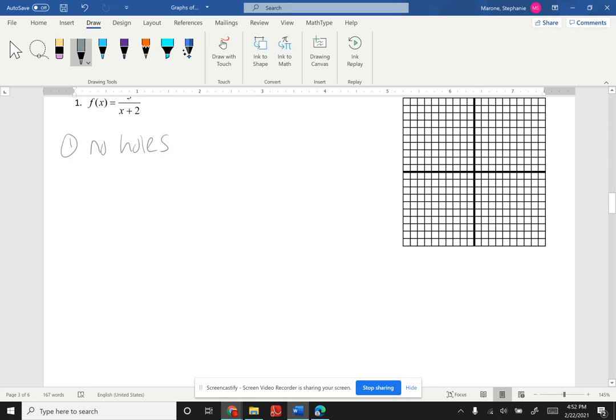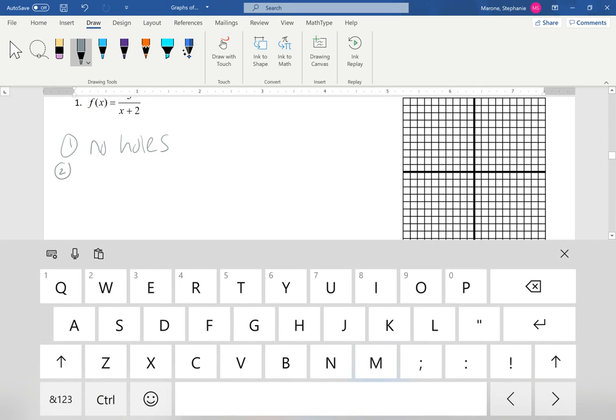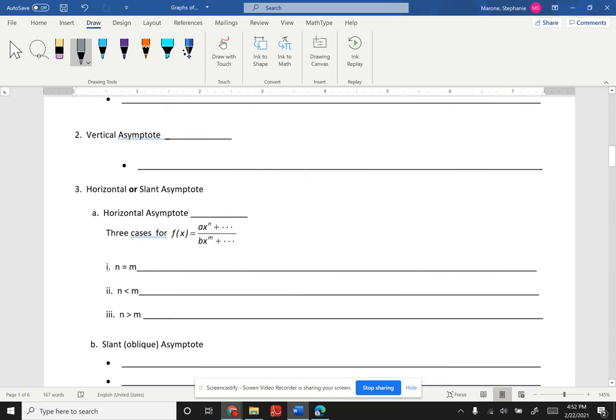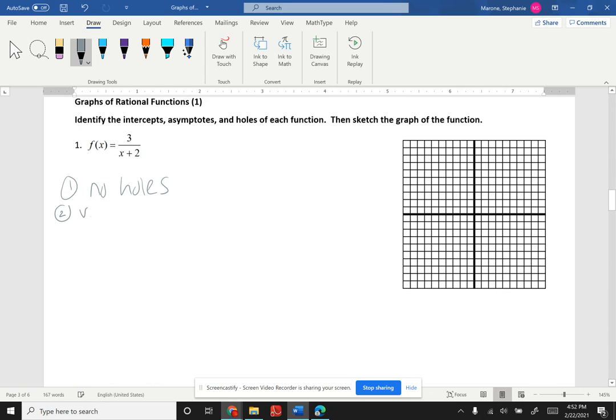So step 2 is we're going to find the vertical asymptote. The vertical asymptote, if you look at your paper, remember it's the domain restriction. So the domain restriction is all the x values that x can't be. So what I'm going to do is figure out when the bottom is equal to 0.